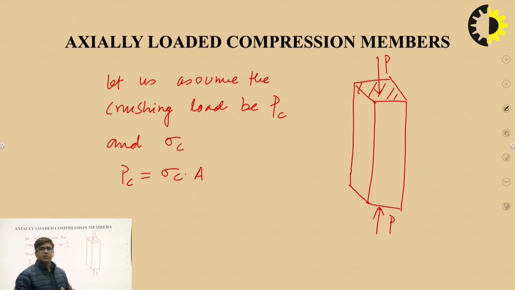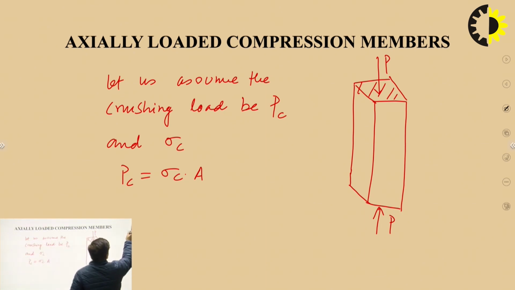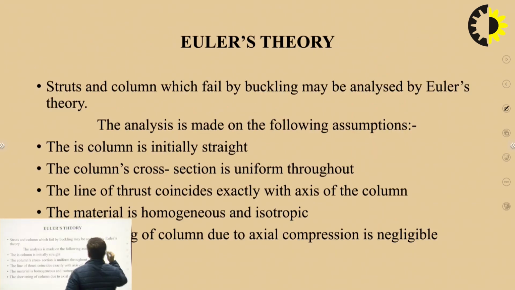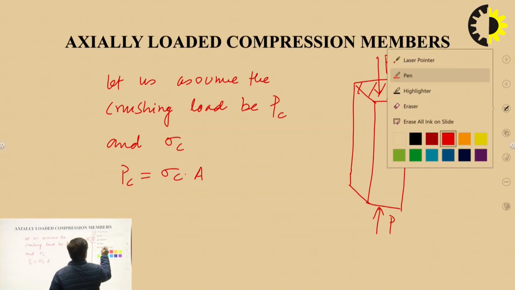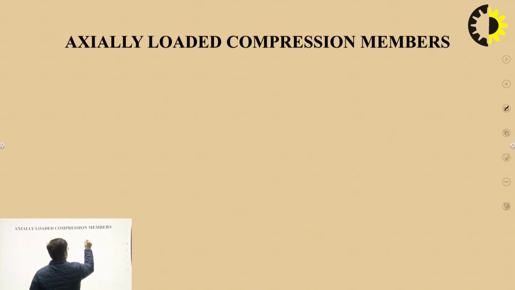For long columns, crippling load is low, and for short column, crippling load is quite large. Now let us consider a column which deflects under load P like this.